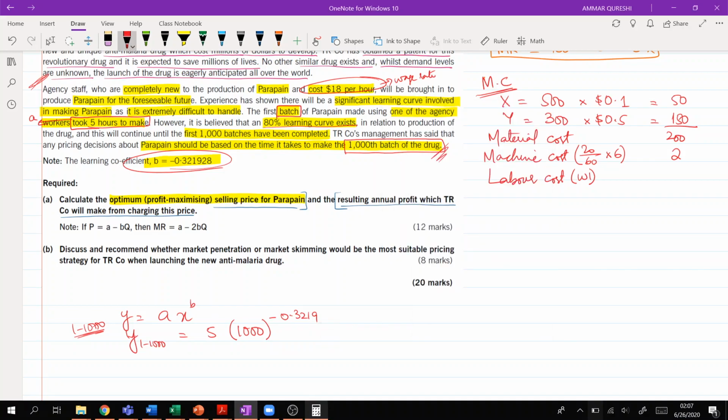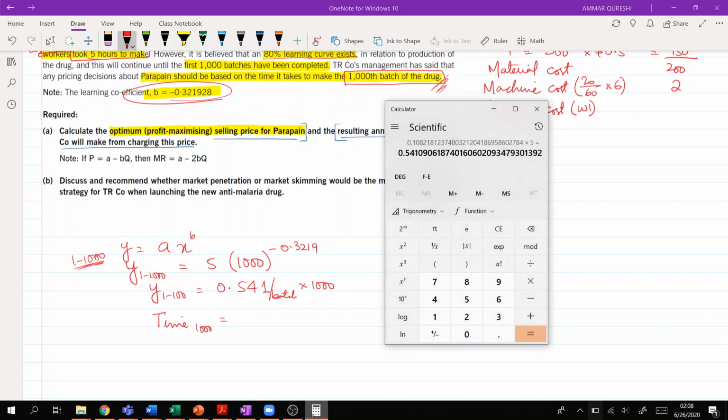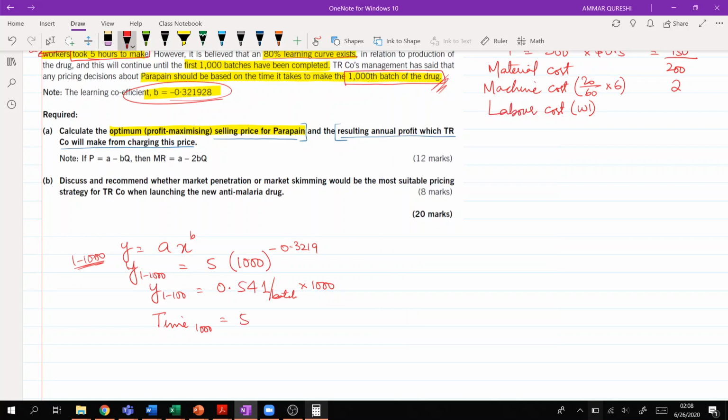That gives 0.541, right? This is the time required per unit, per batch. Now, if you multiply it with 1000, you will get the time required for 1000 batches. So 0.541 times 1000 makes 541 hours.